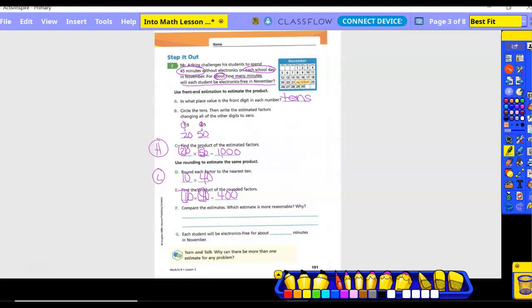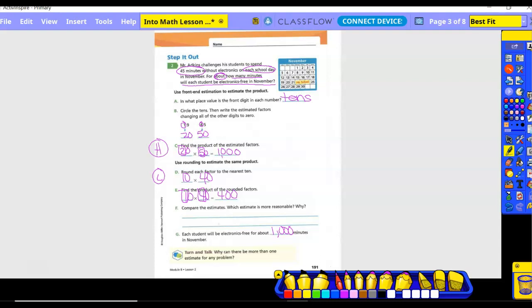Okay, so compare the estimates. Which estimate is more reasonable, the low or the high? The high, right? Because if we rounded to what they would have been closest to, the high was closer than the low. Okay, so which one should we use? The high. So each student will be electronics free for about 1,000 minutes in November.